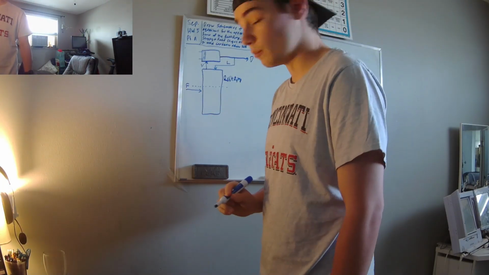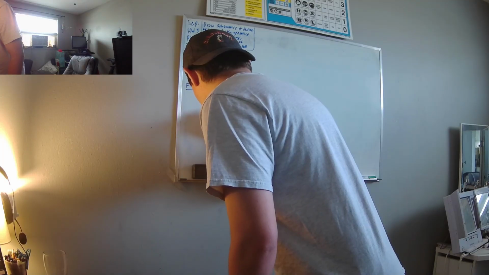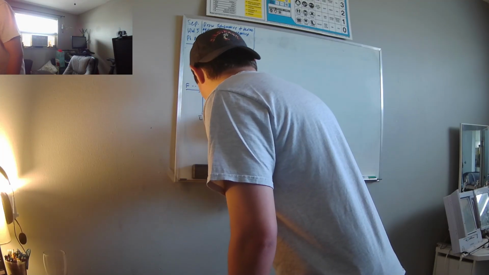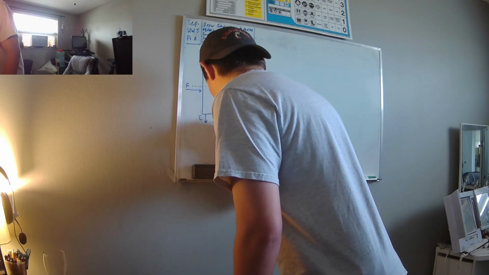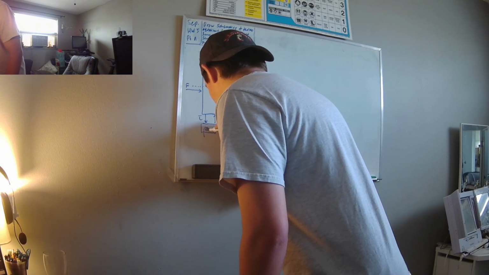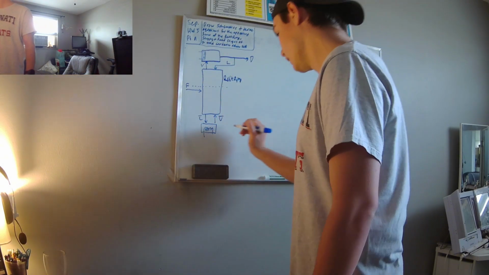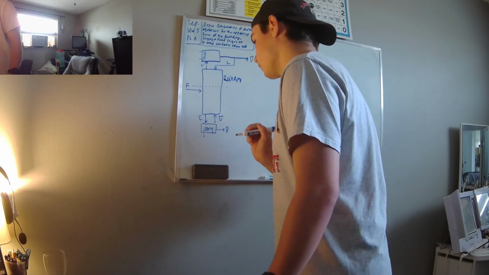And then moving on to below the feed, we're going to have our liquid coming out, L bar, and vapor coming back in, V bar, coming out of our reboiler. And then, of course, coming out of the reboiler, we're going to have our bottoms flow.